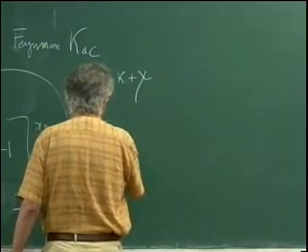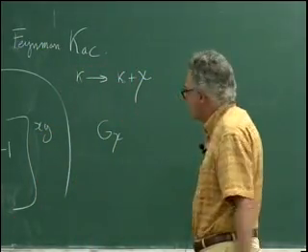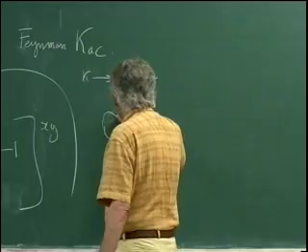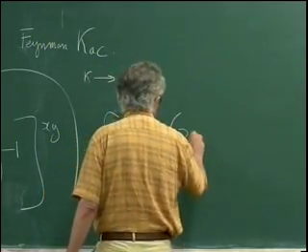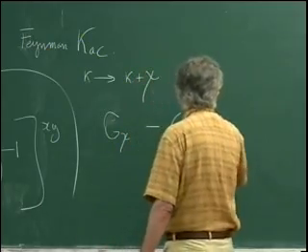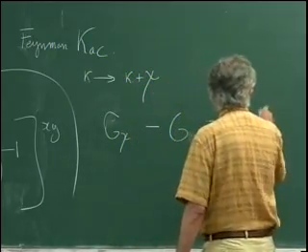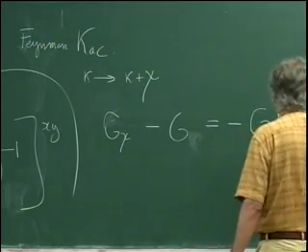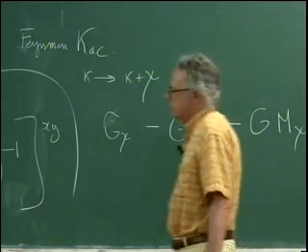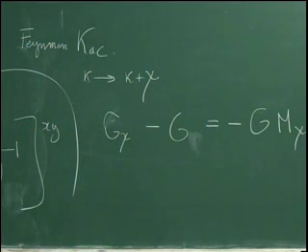It becomes g chi. And the way it is modified is very simple. You have g minus g chi. G chi minus g is just minus g multiplication by m chi g chi. So you see, this is essentially the resolvent equation.